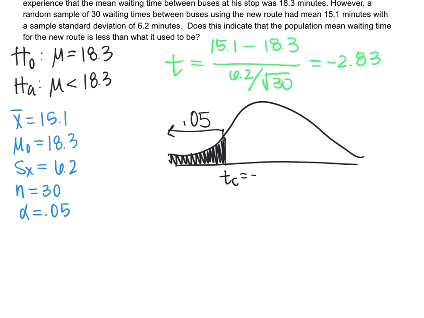So using our upper tail probability of 0.05 and degrees of freedom of 29, we're going to have negative 1.699. So is negative 2.83 less than negative 1.699? And it is, which means we reject the null hypothesis, which means there is evidence to show that the average wait time between buses is less than 18.3 minutes.